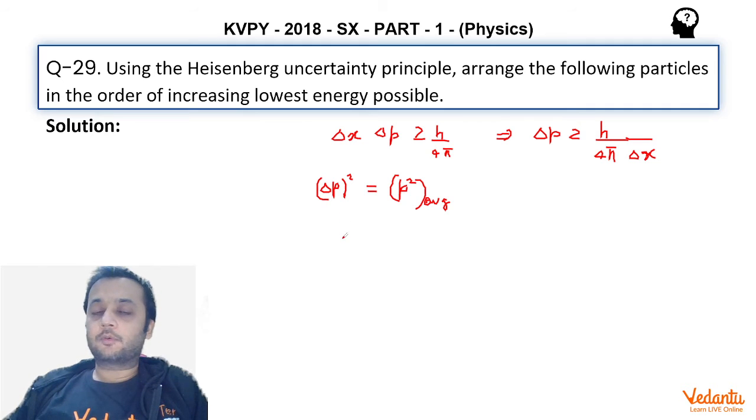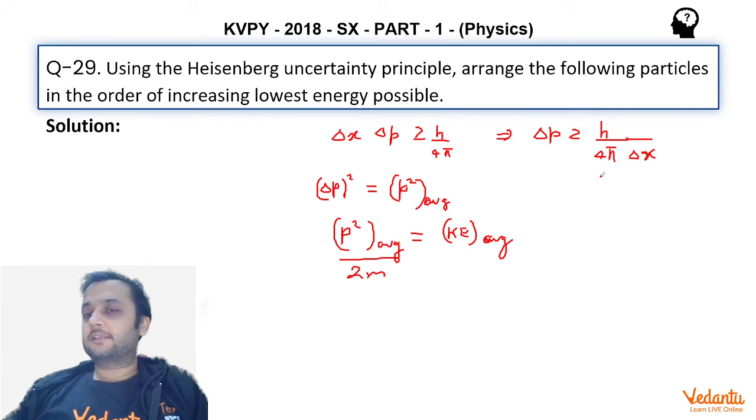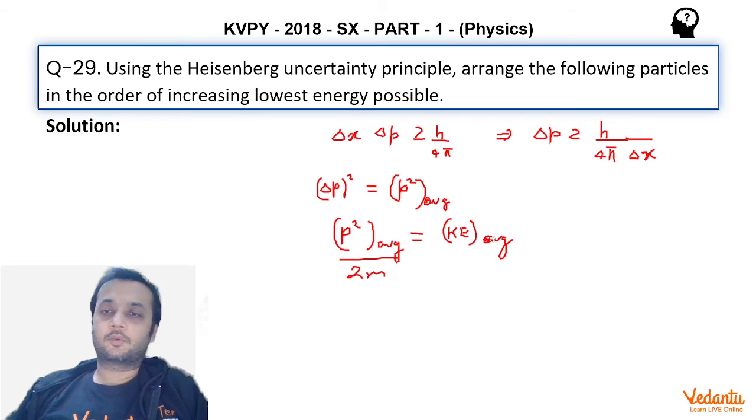And if p squared is more, then we know that the average of p squared by 2m is nothing but the average value of kinetic energy. So if delta x is less, then delta p is more, then p squared is more, and then kinetic energy is more.